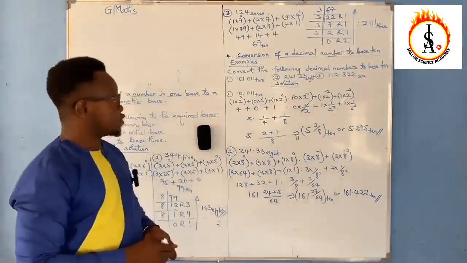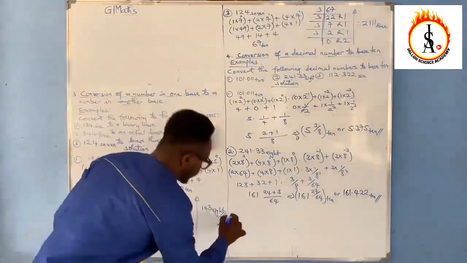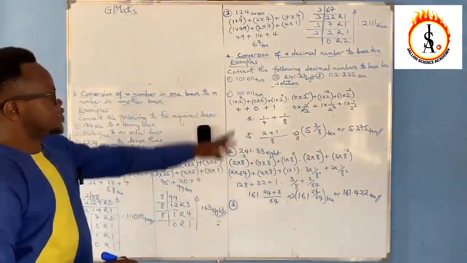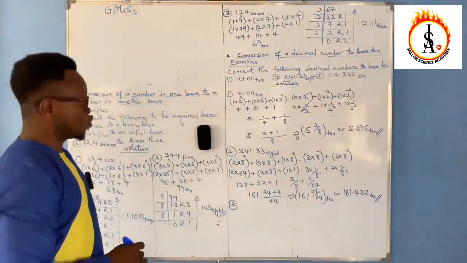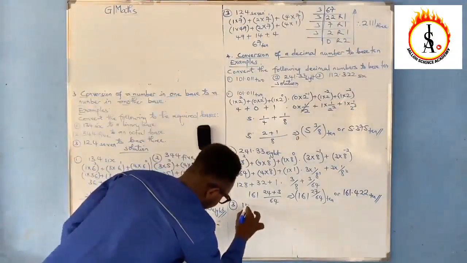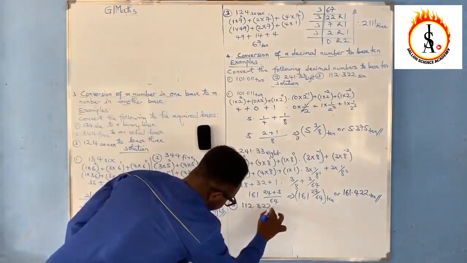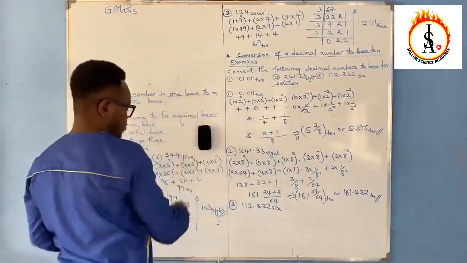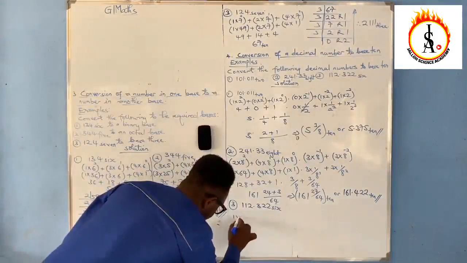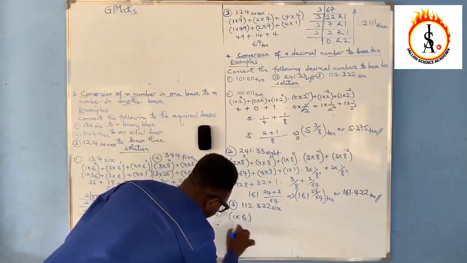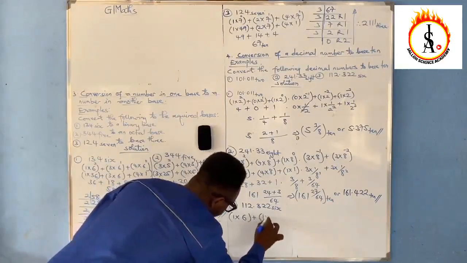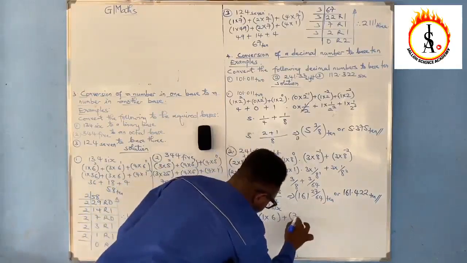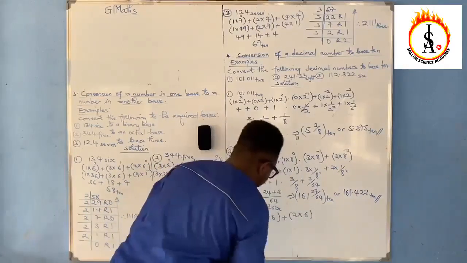So we look at the third example, which says 112.322 in base 6. We have to convert it to base 10. So it's 1 multiplied by the base 6, plus 1 multiplied by the base 6, plus 2 multiplied by the base 6.